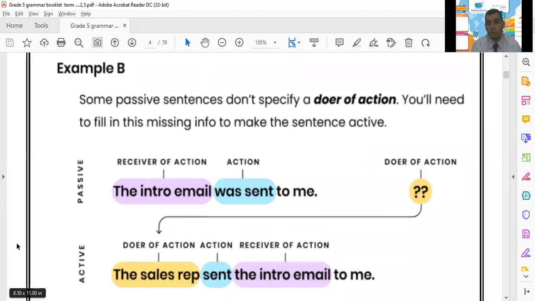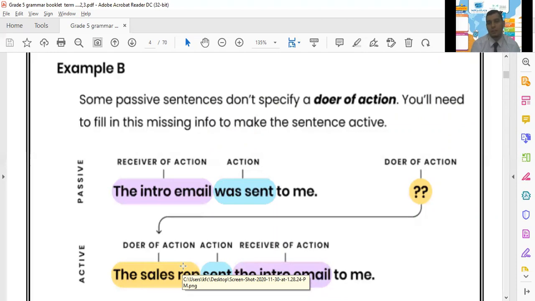It's up to you. You can put it or you can leave it out. That's why I told you, Yusuf, if needed, remember? You can put it: the intro email was sent to me by the sales rep. Or you can delete it. Got it? Yes. Great.